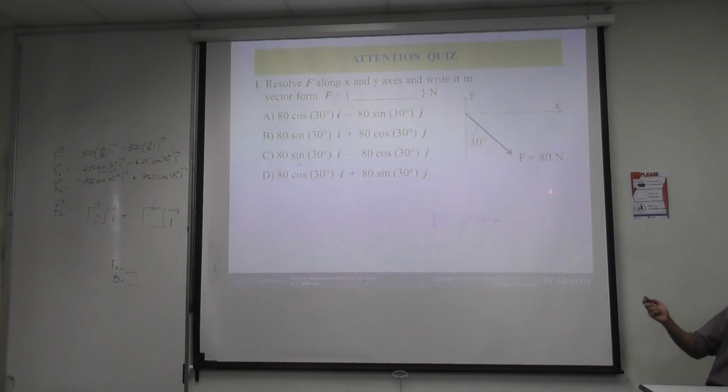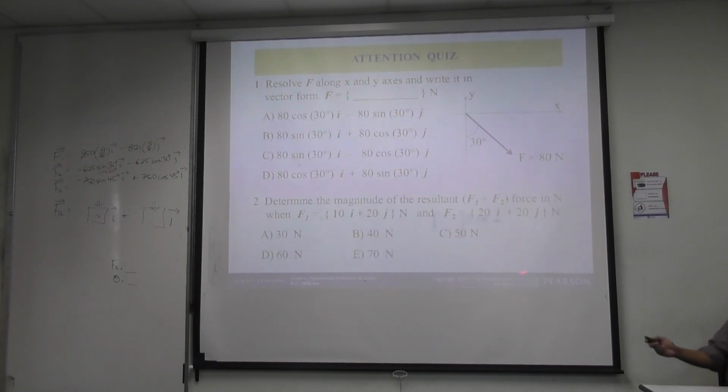So for this diagram here, which will be the answer for the vector, if you resolve into x and y component? Yeah, C. Right, so x component is sine 30, y component is negative direction positive. Make sure you notice the positive and negative direction.